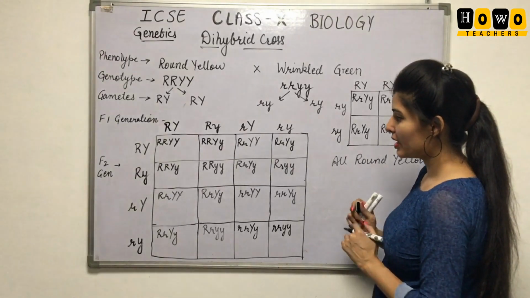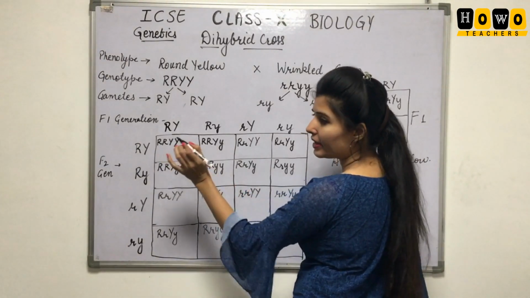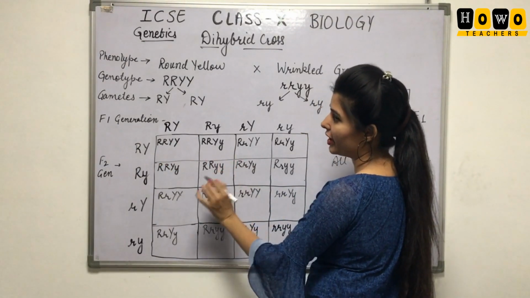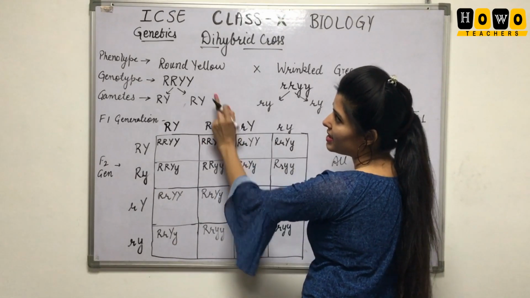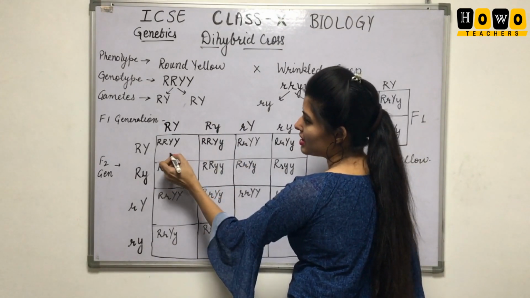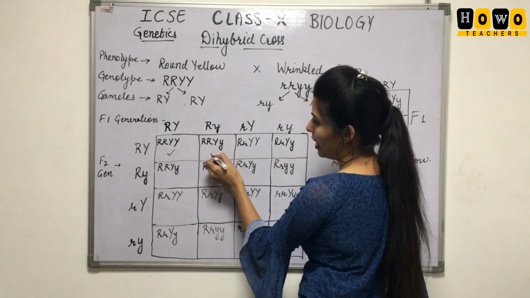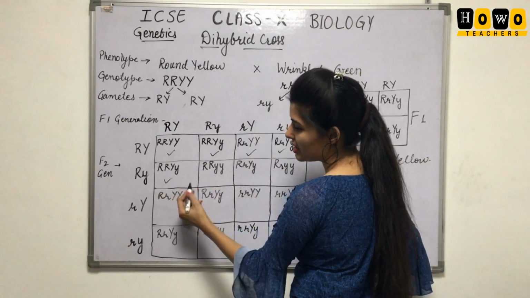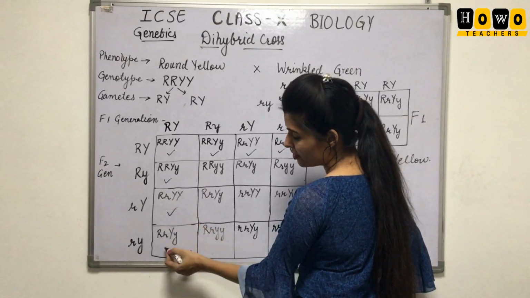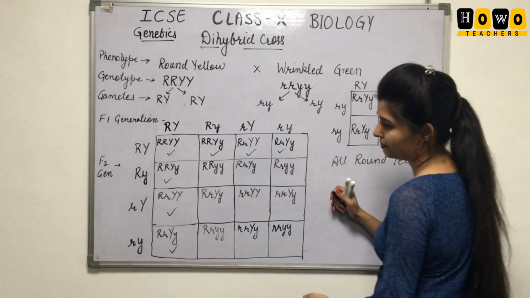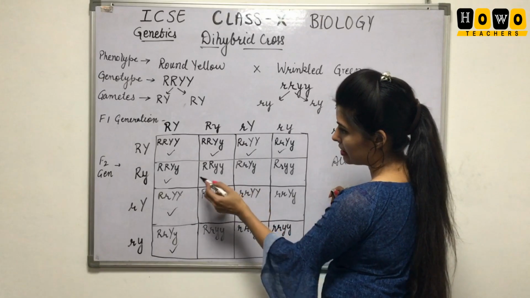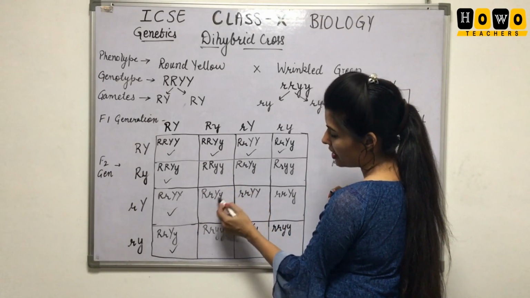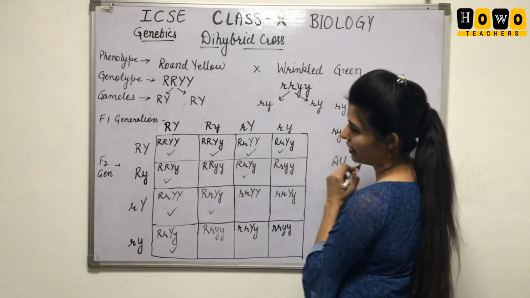Okay. So see here, capital R and capital Y, wherever they are present, we will be writing them as round and yellow. So this is round and yellow, round and yellow, round and yellow. This one also, this is also round and yellow, this one also. And a few more we are having, round and yellow.